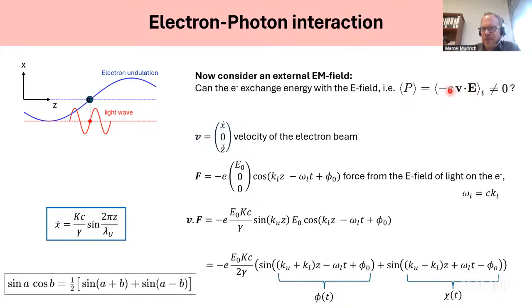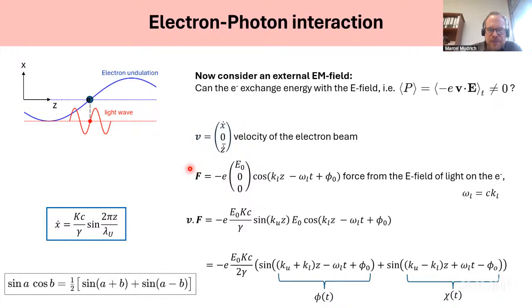So e, the elementary charge, times the electric field times the velocity. The question is, if we average this scalar product over time, does this vanish, or does it give some finite number, which would mean that the electrons actually absorb or emit energy from the light field?